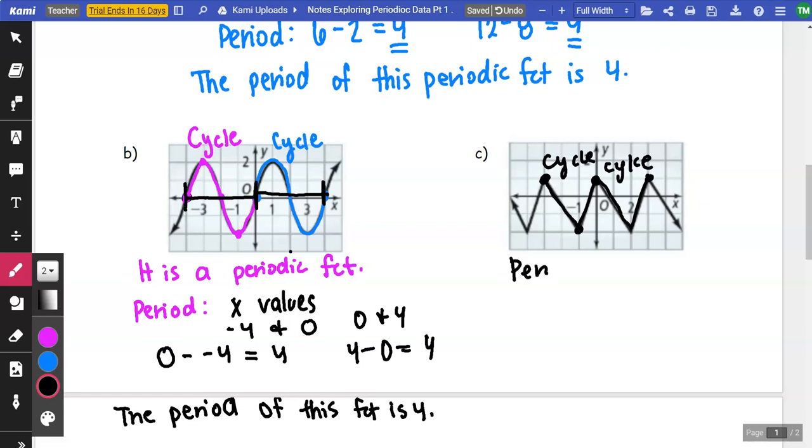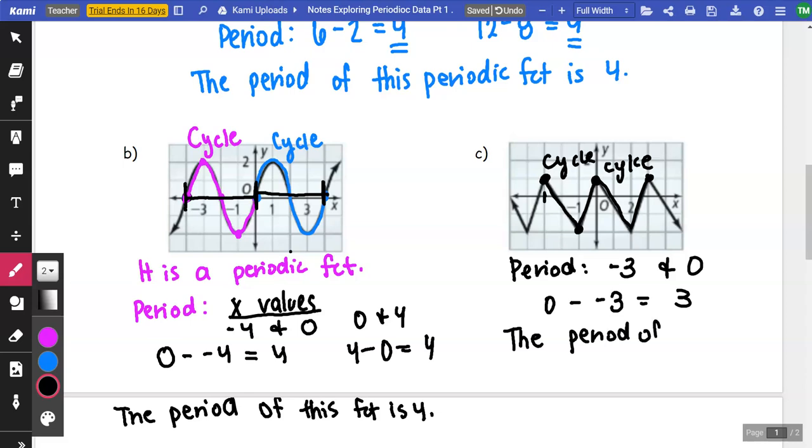Then to find the period, I want to have the x values. So the x value here is -1, -2, -3. And then here I have the x value of 0. So we're going to take 0 minus -3, which is 3. So the period of this function is 3.